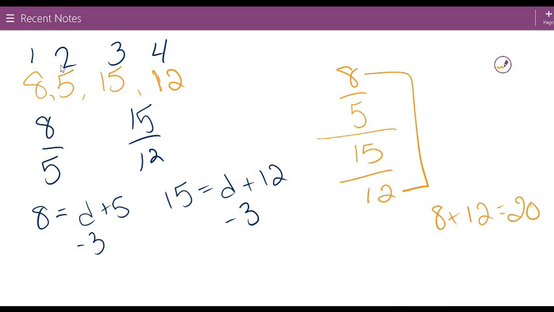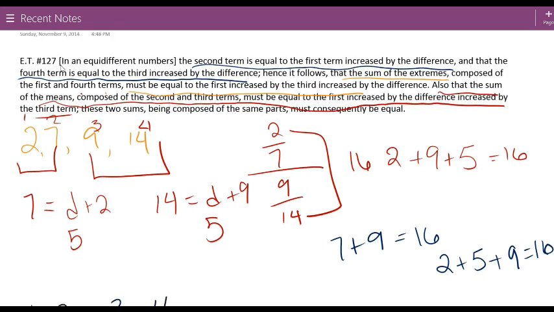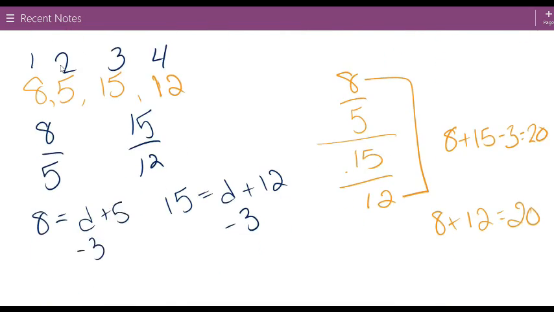So we have our extremes, first and third. So 8 plus 15 plus the difference, which in this case is negative 3, and that again does give us 20. Also, the sum of the means, composed of the second and third terms, must be equal to the first increased by the difference increased by the third. Oh, my lines are not straight, sorry.